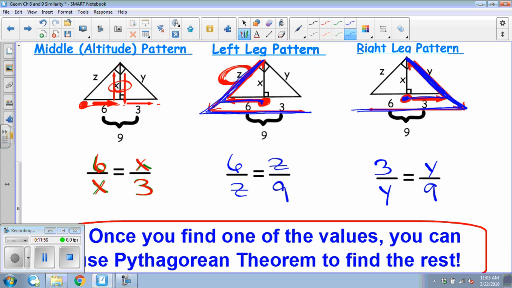And there's some problems on your worksheet that are not double right triangles. So you have to be careful. You can't use the patterns if they're not double right triangles. Okay? If it has a right angle right here and a right angle right here, then you can use these patterns. How do you know which pattern to use? You'll look at them. Once we do some problems, you'll see, oh, I only have enough information to do the right-hand pattern. Or I only have enough information to do the middle.